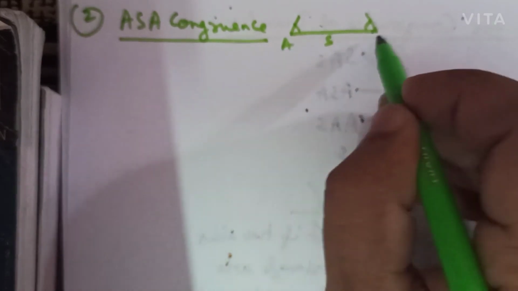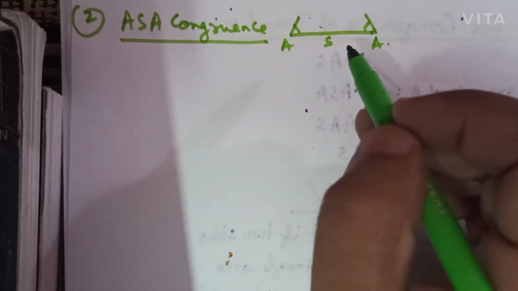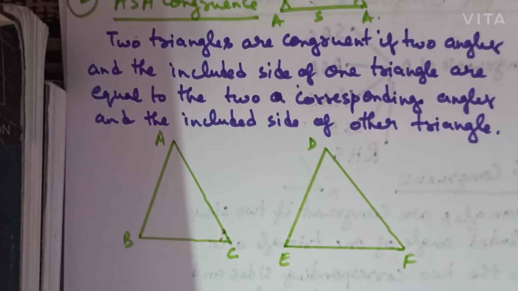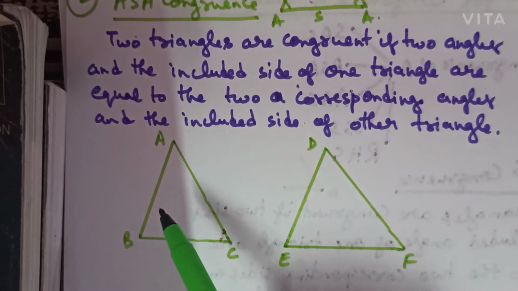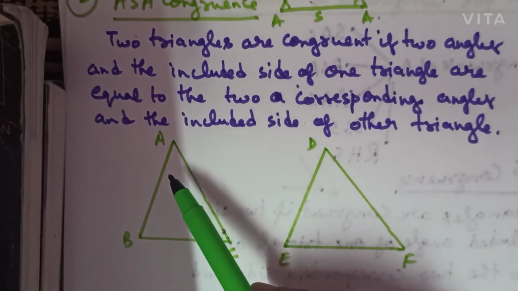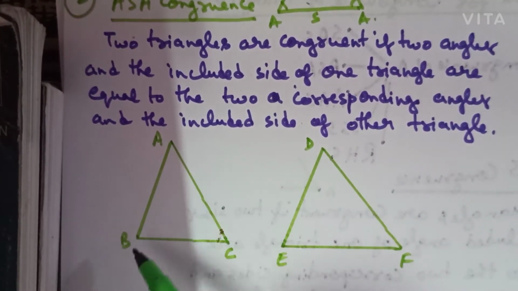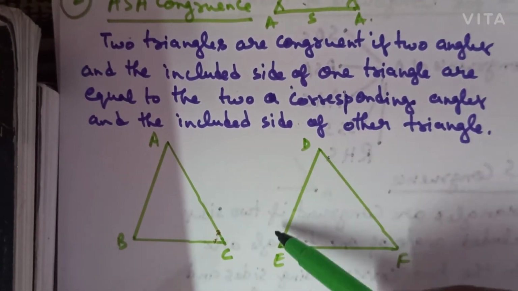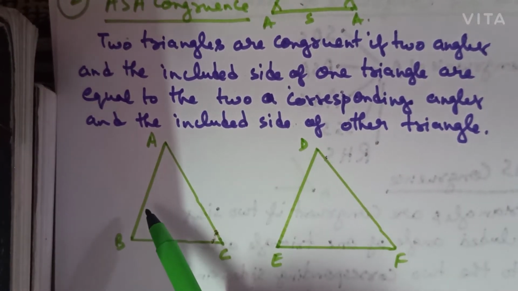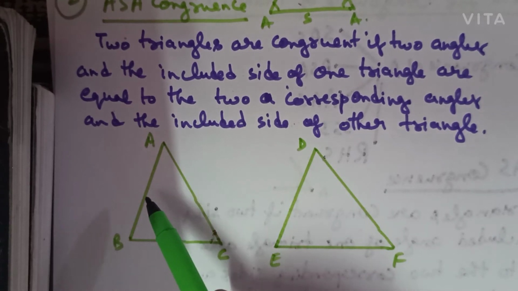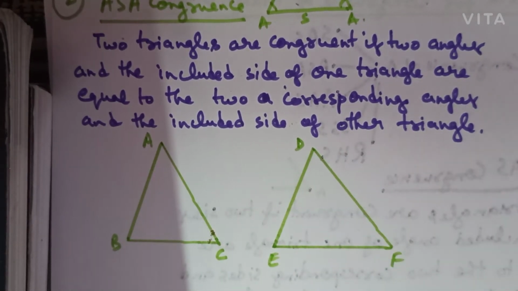Understood? So angle side angle congruence states that two triangles are said to be congruent, that is triangle ABC will be congruent to triangle DEF, if two of the angles of triangle ABC are equal to the two corresponding angles of triangle DEF, and the included side, that is the side between the two corresponding angles, is equal to the included side of the other triangle.